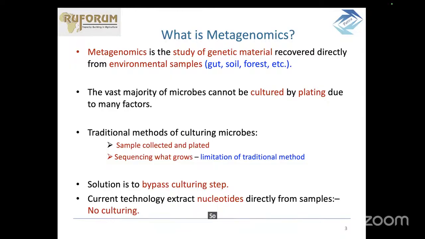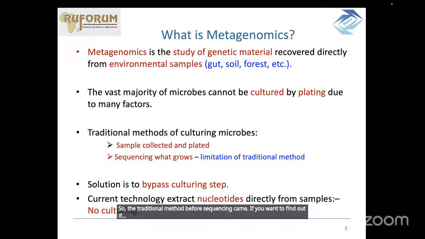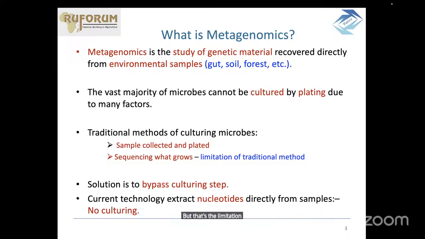So the traditional method before sequencing came: if you want to find out if this microbe is around, you collect your sample, you put them on Petri dishes, and you let them grow. After growing, you get those samples and then you send them for sequencing. But that's the limitation of the traditional methods.